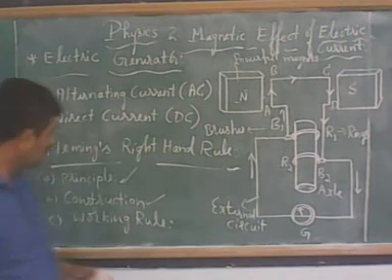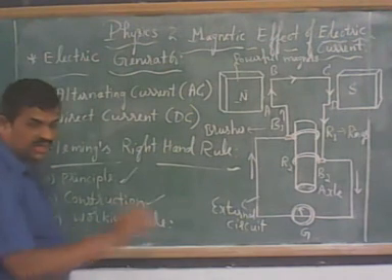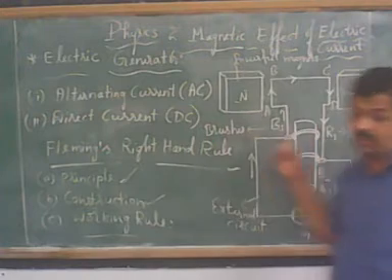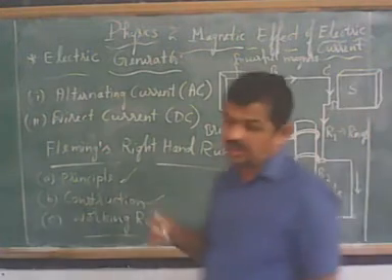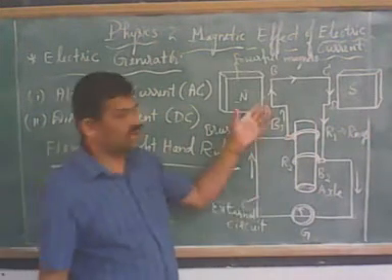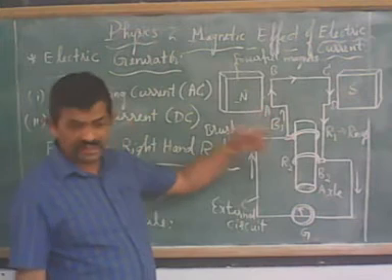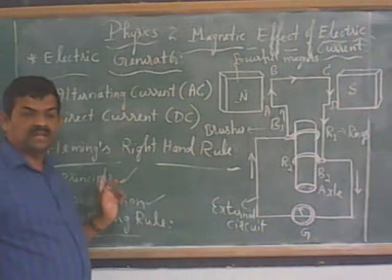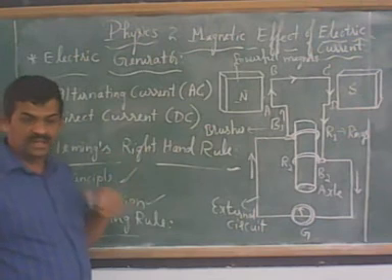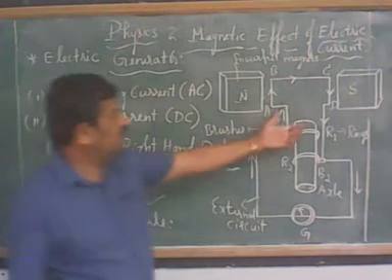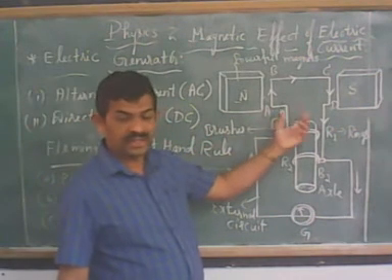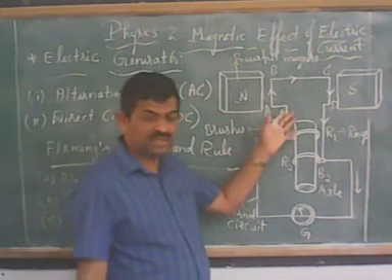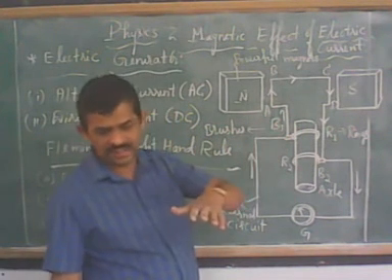And third, working rule. How does the electric generator work? How does it produce electricity? As I told earlier under principle, mechanical energy converts into electrical energy. An electric generator is a device in which mechanical energy converts into electrical energy.